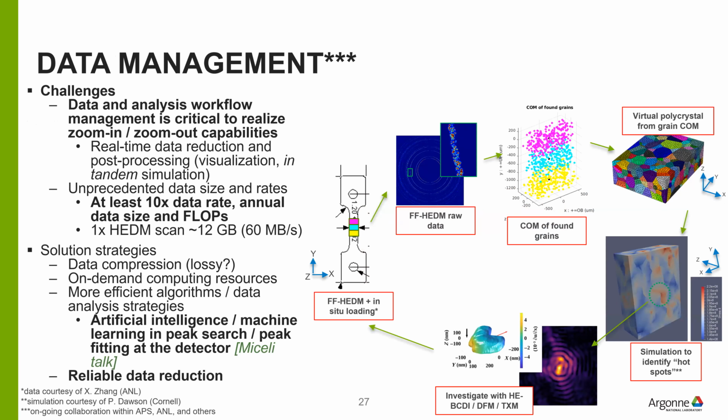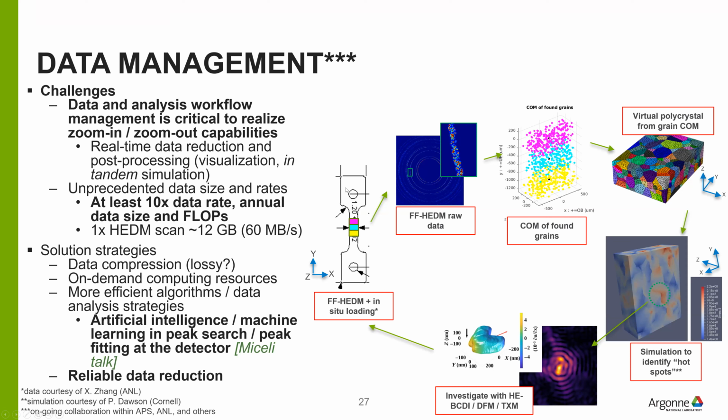Going a little bit into the data management aspect of things, we really need just-in-time data analysis, not just collecting data and diffraction patterns, but really getting maps so that we can make the zoom in and zoom out capability a reality. So we're working with our computational X-ray group and also our neighbors at ALCF to take advantage of the computing resources and smart algorithms that we'll be developing.